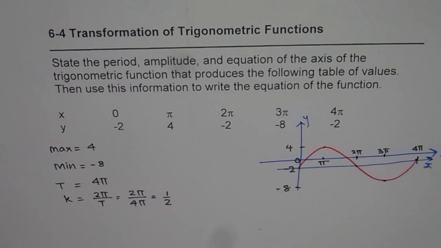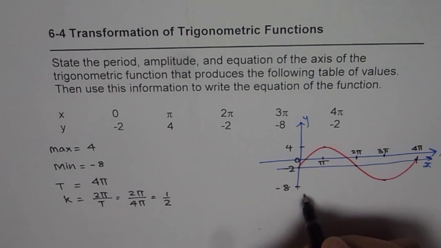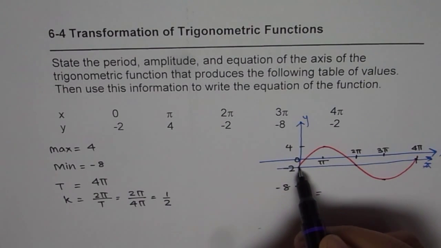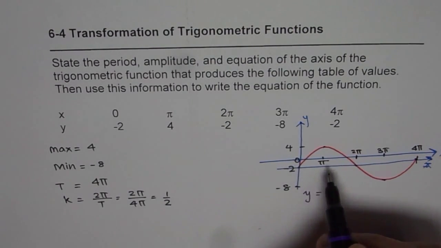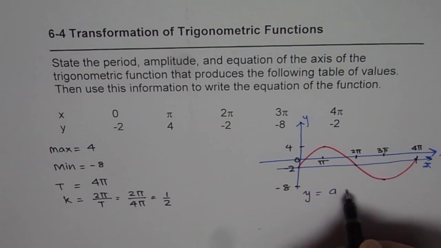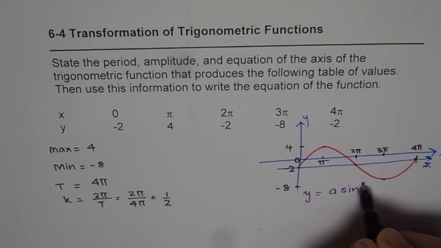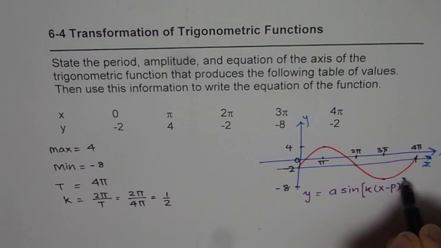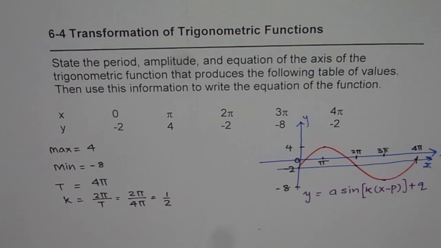When I say k, I'm considering the transformed equation of the form y equals a sine of k x minus p, plus q. Since it begins at the initial position on the axis, I prefer to write it in sine form. Now we know k, which is half.